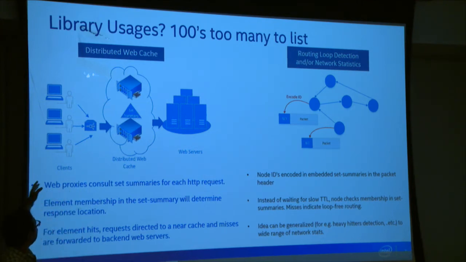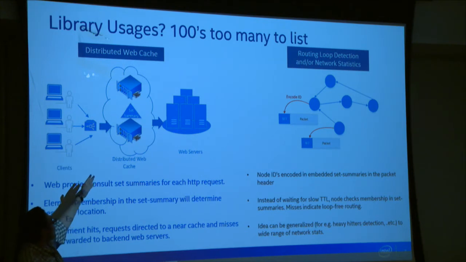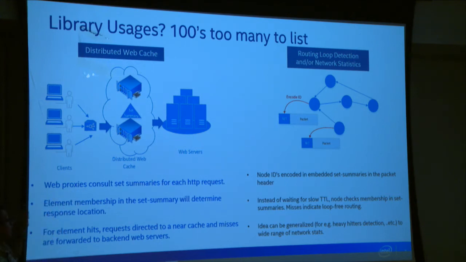So this client coming to a web cache wants to know where this item is. If we have a set summary along these web caches, these set summaries will very quickly tell the client where this object is located, whether it is on one of the web caches or on one of the backend servers.